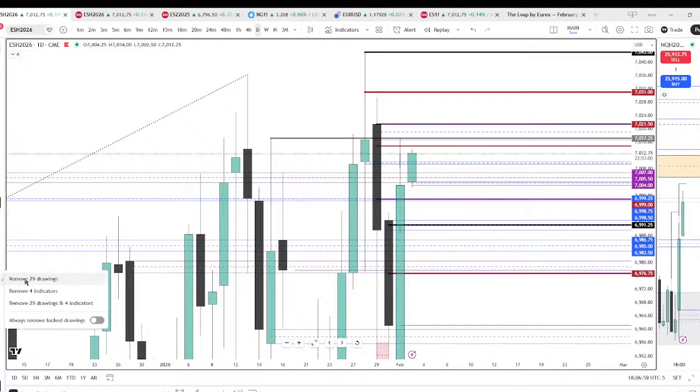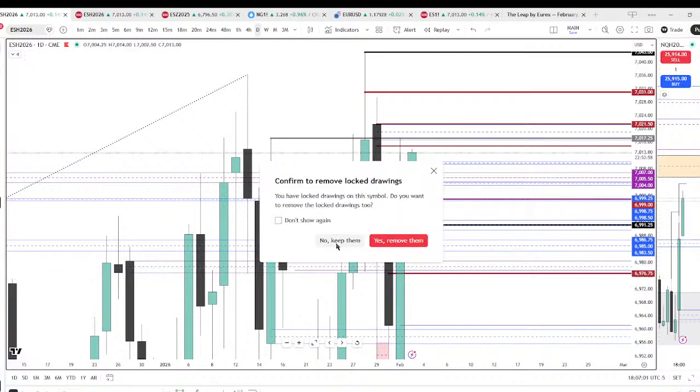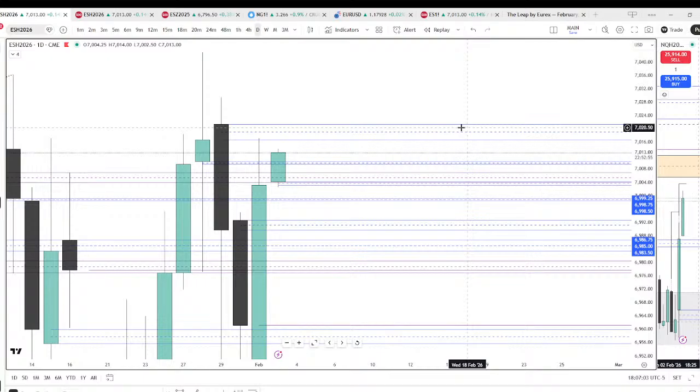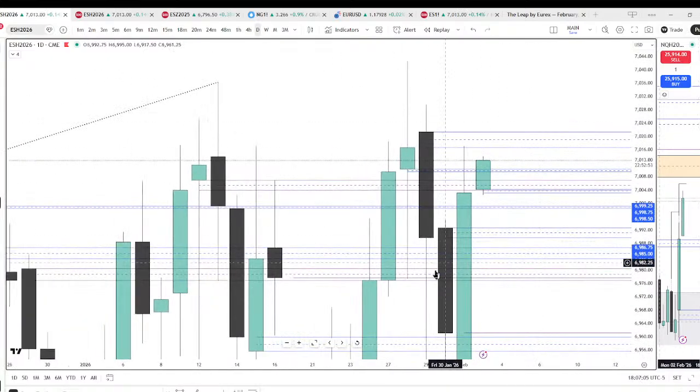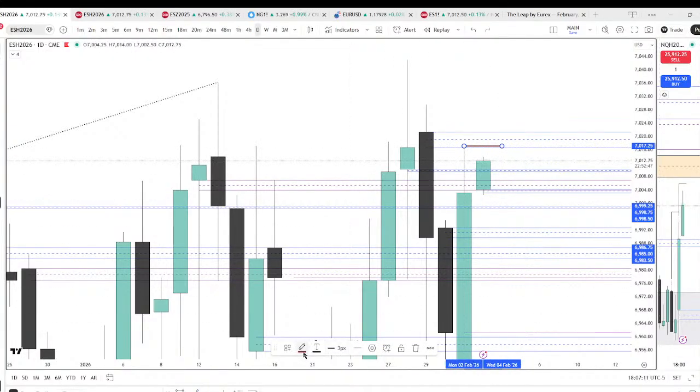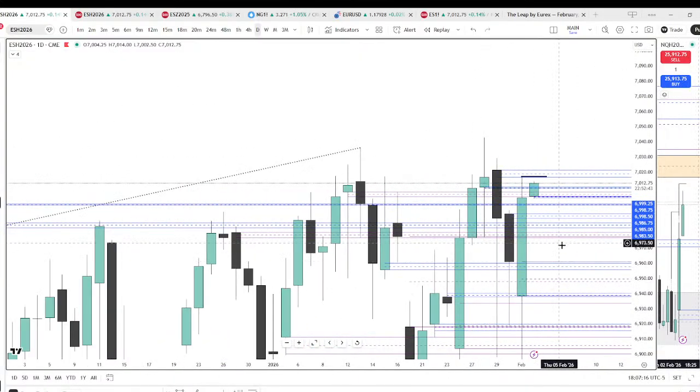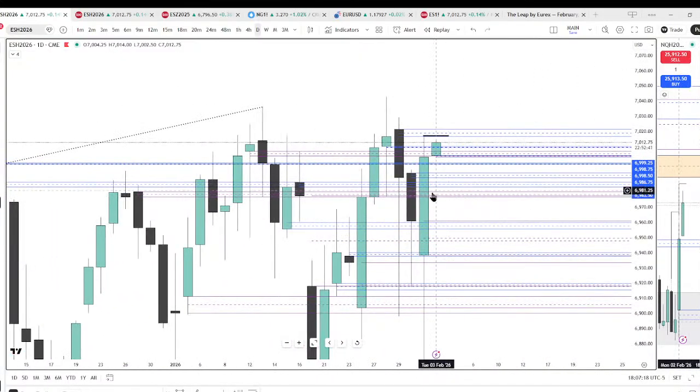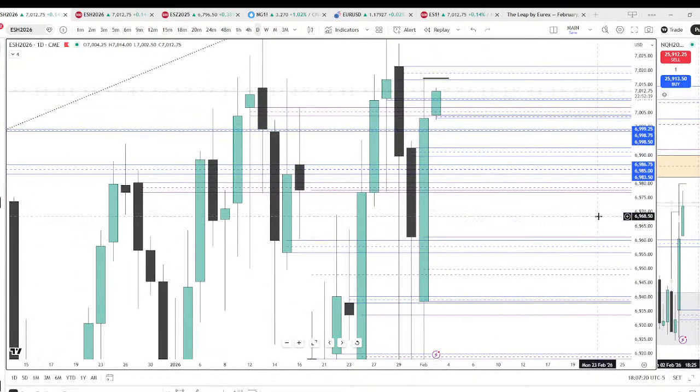I'm going to go ahead and remove this. So for tomorrow or tonight, we're obviously going to look for this high in range. And this week opening gap again.